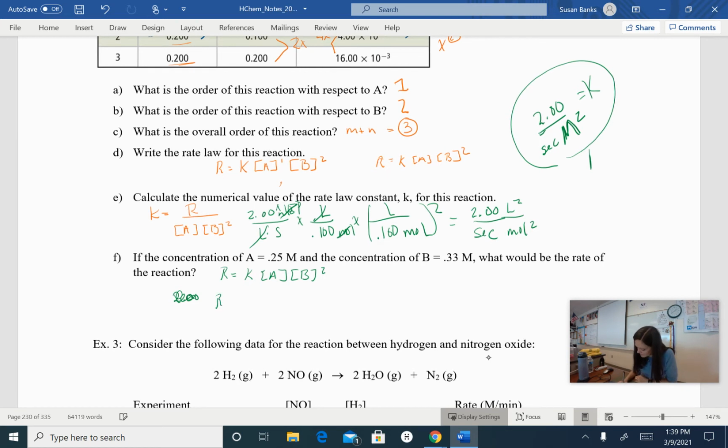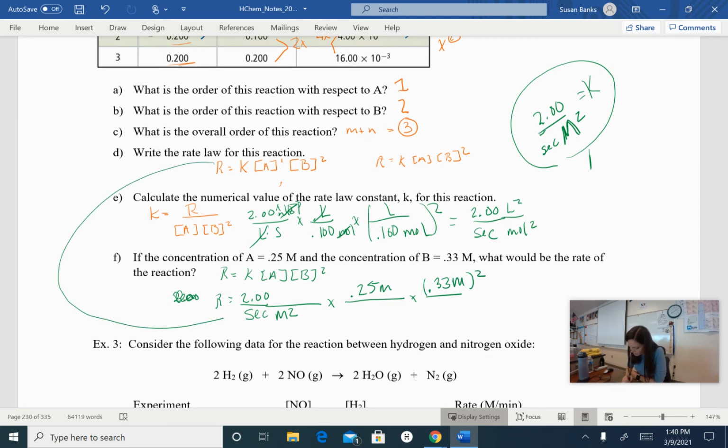So my rate is going to be equal to 2.00 per second, and I'm going to have molar squared. And I need to multiply by my concentration of A, which is 0.25 molar. And I need to multiply by my concentration of B, which is 0.33 molar squared. Notice I'm just structuring it off of that equation that we had up here.